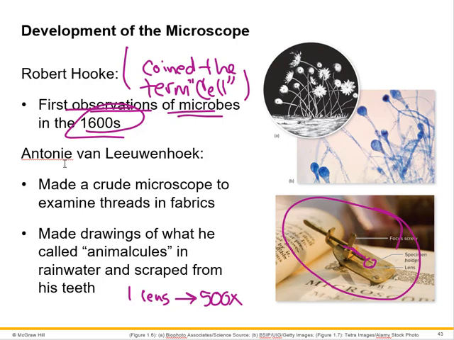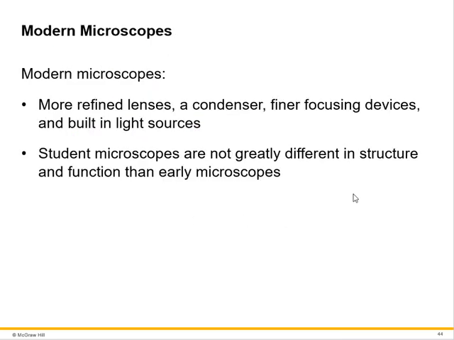So Robert Hooke and Antony van Leeuwenhoek were the people that were really instrumental in developing the microscope. And then we've refined the microscope. The lenses are now able to go from edge to edge, and they're called plan achromatic, so they don't have these chromatic aberrations because of the edges of the microscope lens.